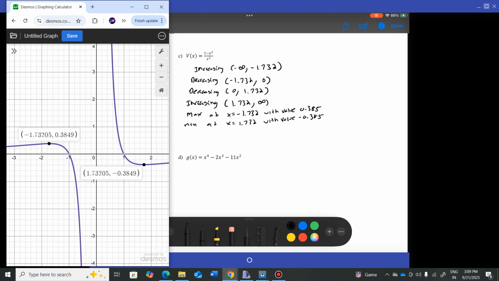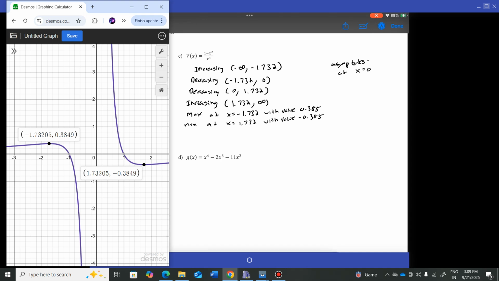We have asymptotes at x equals 0, your y-axis, as well as at y equals 0 for your horizontal asymptote.